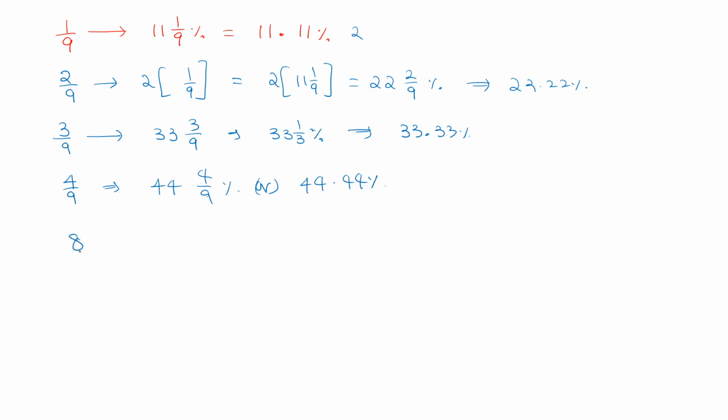If we need the value of 8 upon 9, it could be 88 8 upon 9%, or 88.88%. Have you observed another cyclicity here? There is a cyclicity in the percentage conversion of fractions with denominator 9. Now if you talk about the denominator 11, that is 1 upon 11.